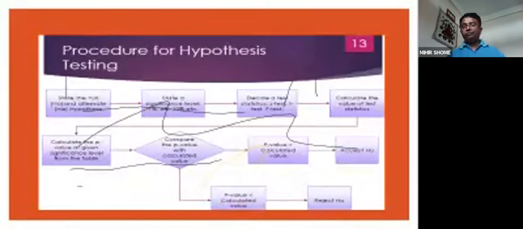statistically. Suppose, after calculation, just for example, in the case of two groups, in a classroom there are 50 students, 25 boys and 25 girls. If we want to measure personality, we use a personality test. After that, we want to see whether there is a significant difference between these two groups.